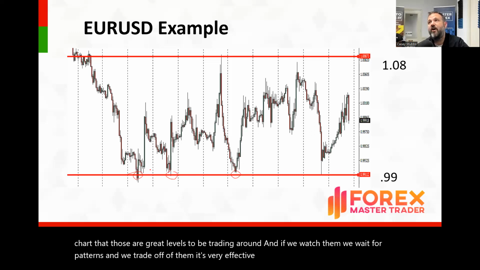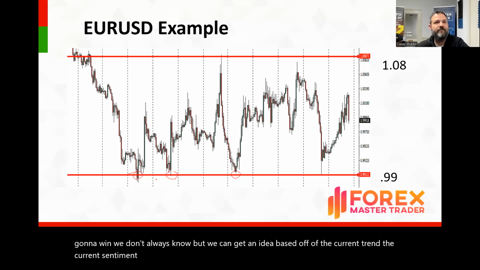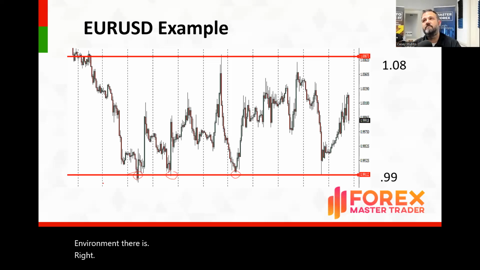Now, as far as knowing in advance who's going to win, we don't always know, but we can get an idea based off of the current trend, the current sentiment, the current market environment, right? If we look at market environment, what's important in trading is whether it's a risk off or a risk on environment.